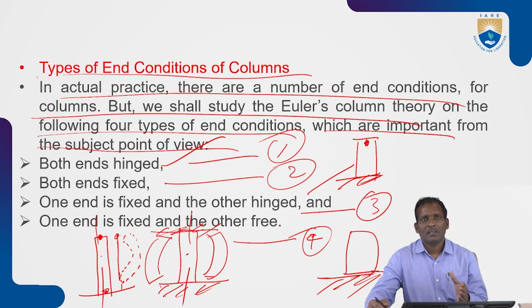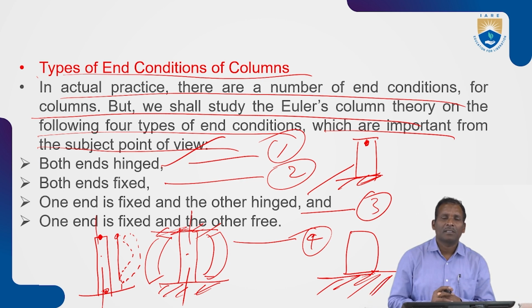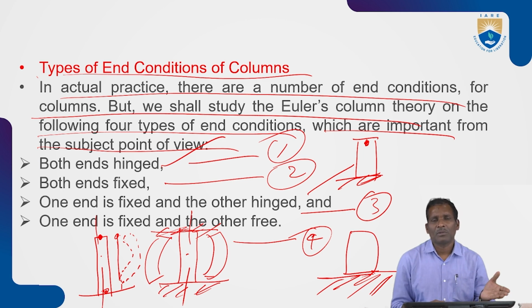And diagrams also show the examples. In Euler's theory, the scientist Euler derived the theory based on some assumptions, which we have already covered in the theory part. The assumptions are: the column should always be straight, with no deviation; the column always has a uniform cross section; and the material is homogeneous and isotropic.